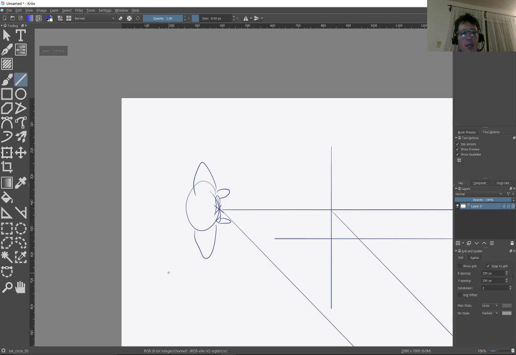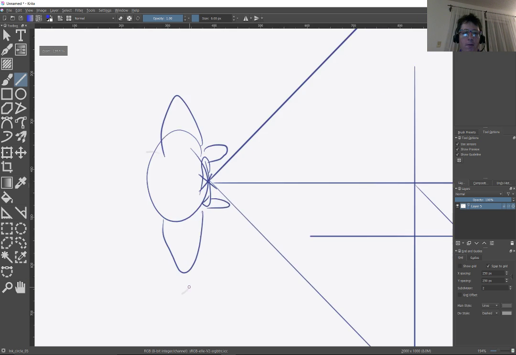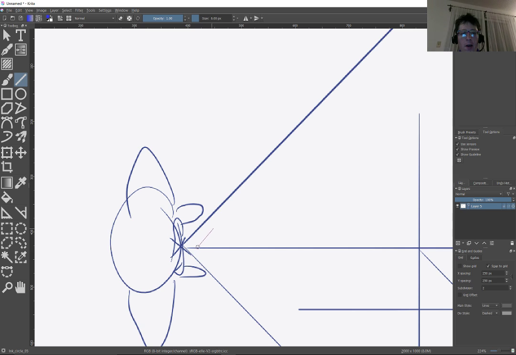So generally speaking, let's say we had lines extending out from here that were at direct 45-degree angles. We now know that this angle is 90 degrees.